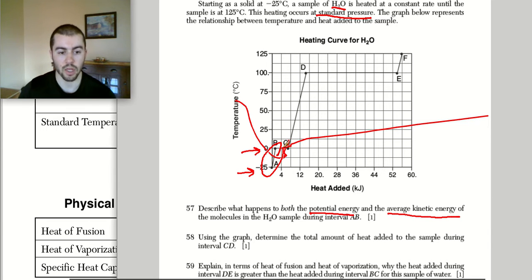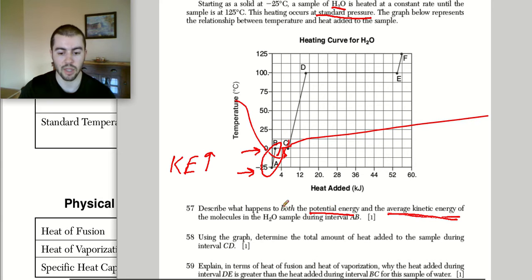Because we're increasing our temperature, the average kinetic energy of the particles is increasing, because that's what defines temperature, the average kinetic energy of the particles in a substance. So as part of your answer, you would say the kinetic energy of the particles is increasing.